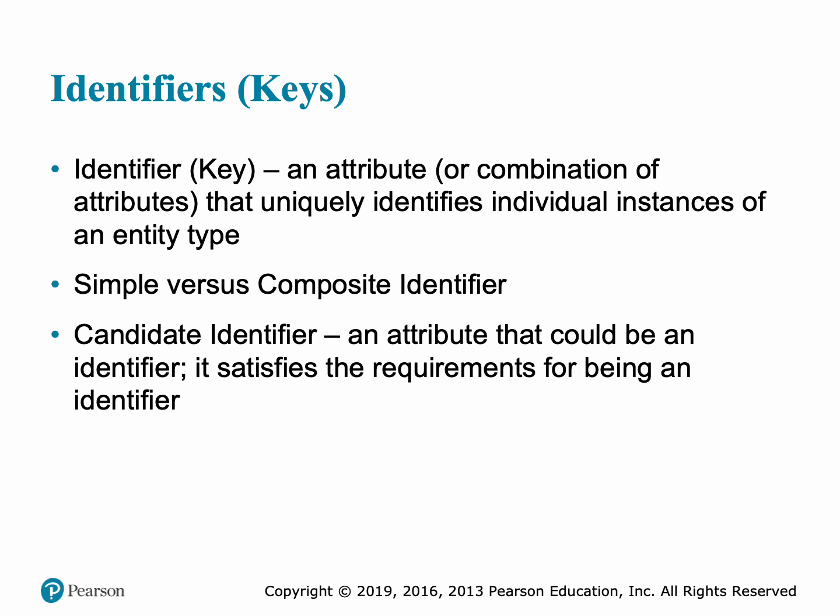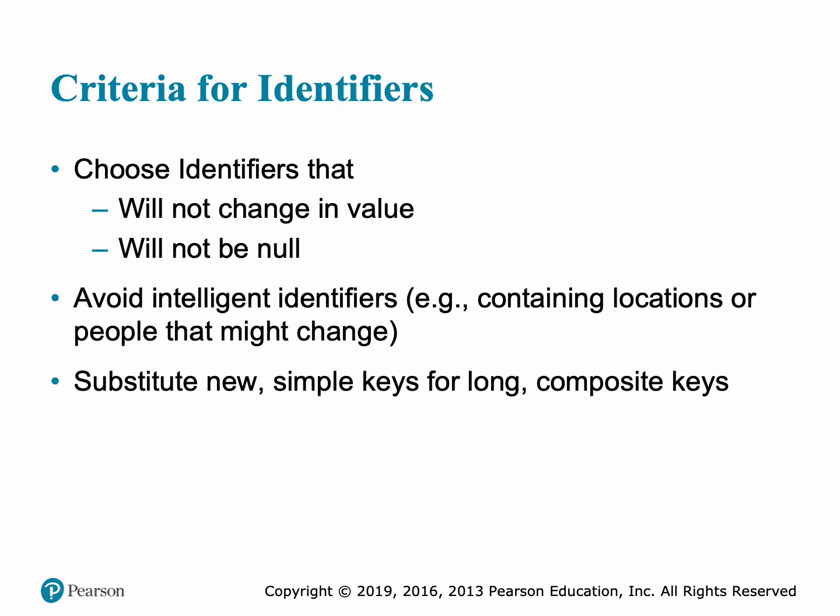Rather, the identifier should be something like an employee ID, a social security number, or some other absolutely unique value. In the entity relationship model, identifiers, also known as keys, are used to uniquely identify entities.